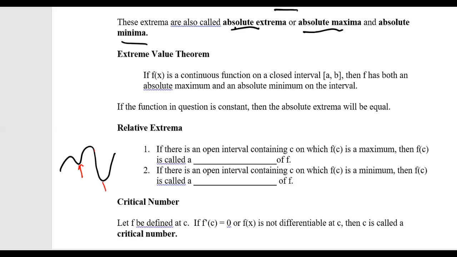Here's the lowest point right here. So relative to this neighborhood in here, this is a minimum. Likewise, over here, this point is a maximum, but it's only a relative maximum because notice over here, you have an absolute maximum.